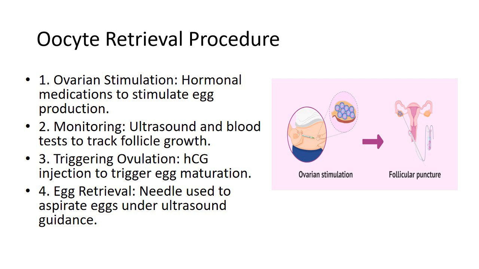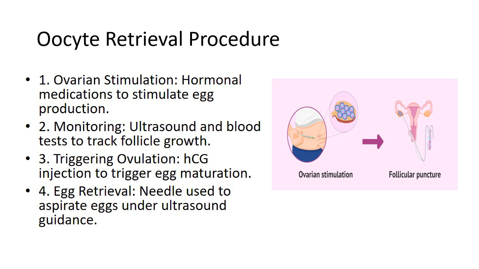How it works: daily gonadotropin injections, FSH, LH, for 10 to 14 days, with frequent ultrasound monitoring to track follicle growth, and a final trigger injection, HCG or GnRH agonist, to mature the eggs. Monitoring is critical to adjust medication dosages and prevent ovarian hyperstimulation syndrome, OHSS.